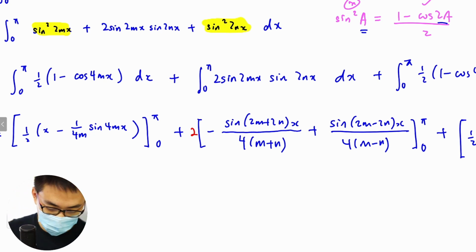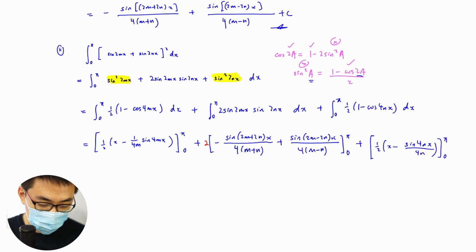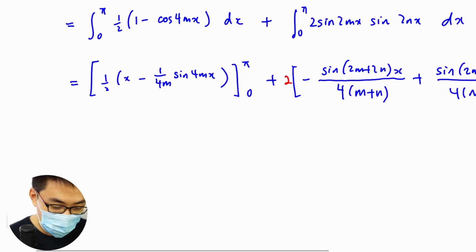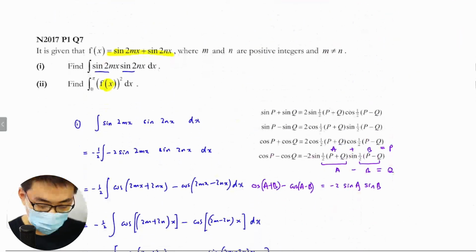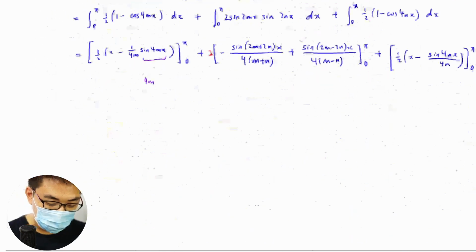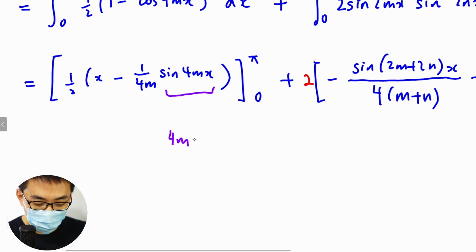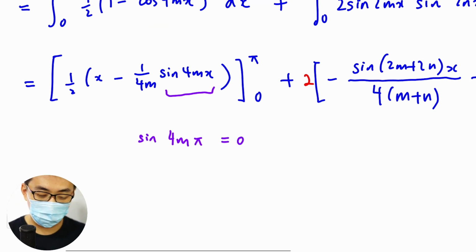Great. Now, let's just examine this. This will be 0. Any issue there? For m is an integer value, they're positive integers, perfectly fine. So 4m pi, sine 4m pi is 0.